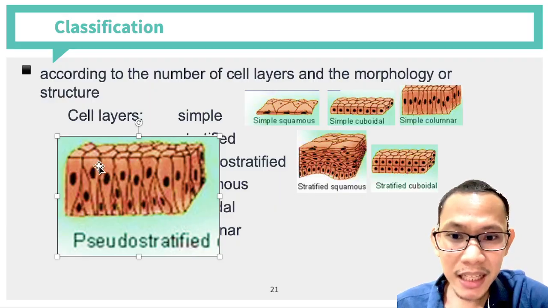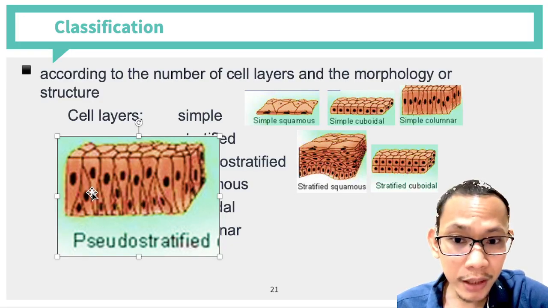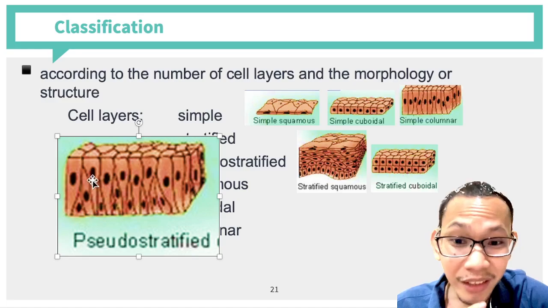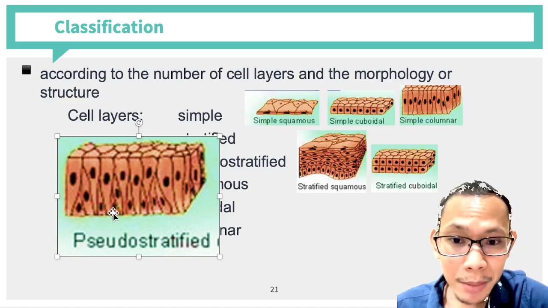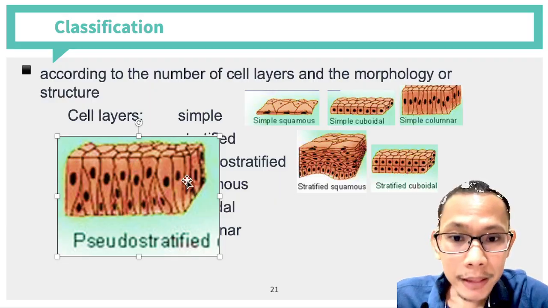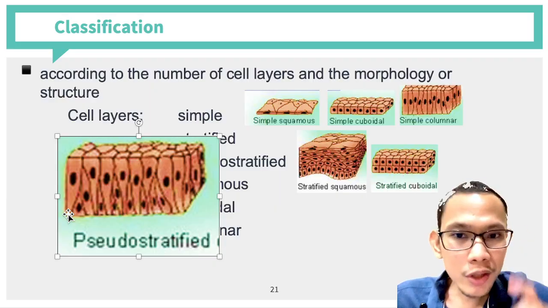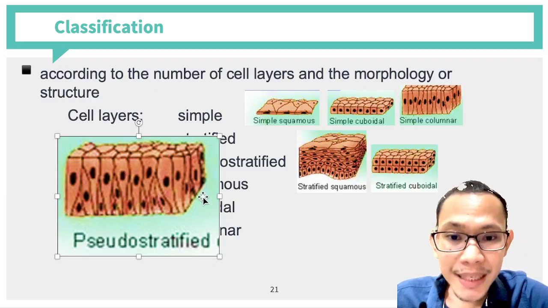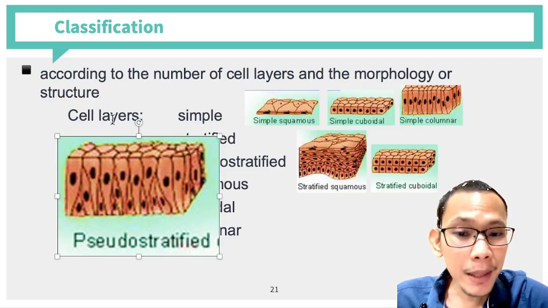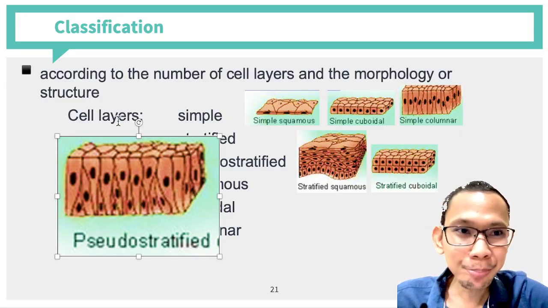Of course, naka-attach siya, naka-connect siya. So, all of this epithelial tissue is attached to your basement membrane. Now, question, are all of these epithelial cells attached to your apical surface or apical membrane?